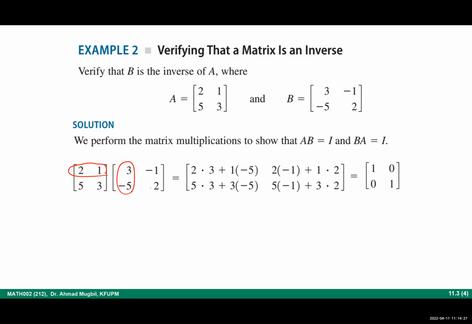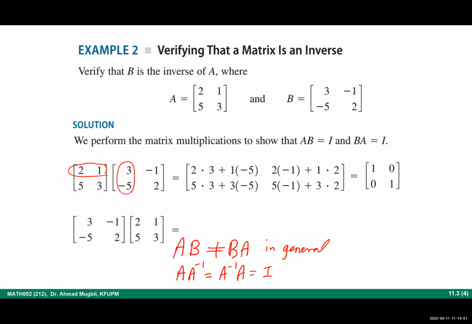Is it enough just to multiply A by B? No. You know that in general, AB does not equal BA. But here it must be. When we are talking about the inverse, we should have A multiplied by A inverse equal to A inverse multiplied by A equal to the identity. So here they should be equal.